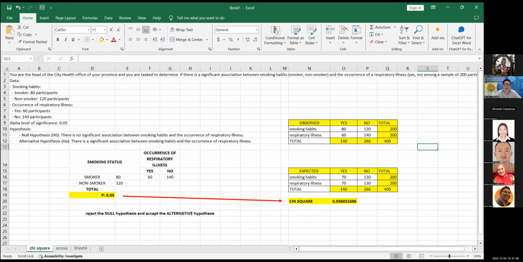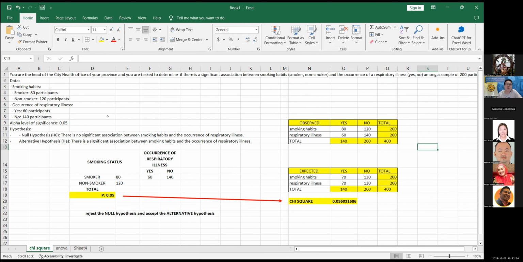Okay. So that should be 80 instead of 200. Because 80 po yung smokers, di ba? Then 120 yung non-smokers. All in all, 80 smokers. But among those smokers, how many of them developed respiratory illness? 30. Those who did not, 50.